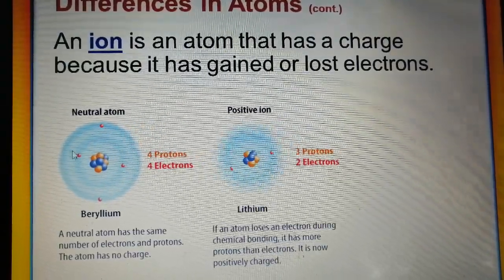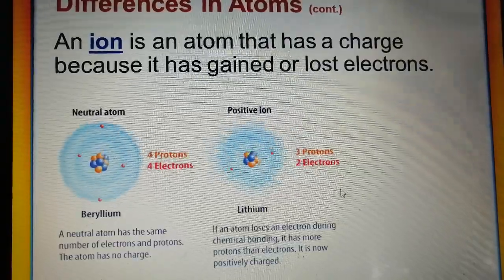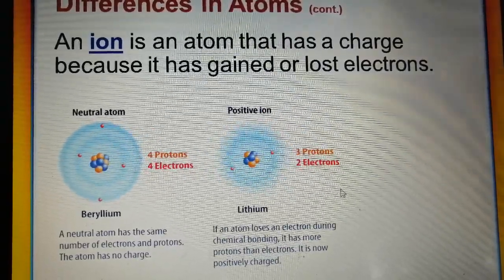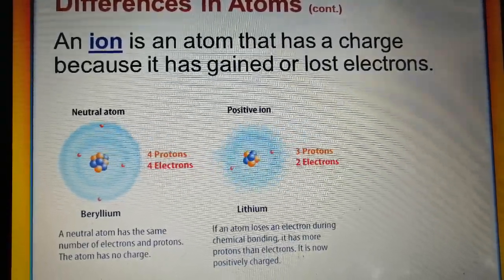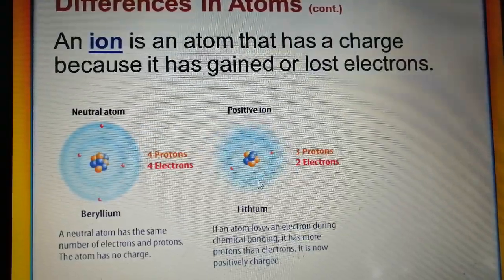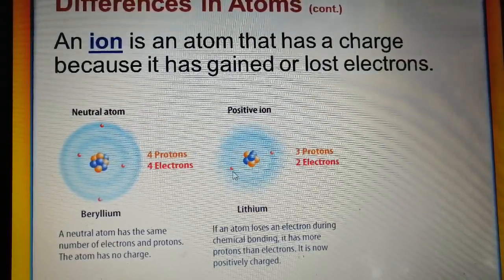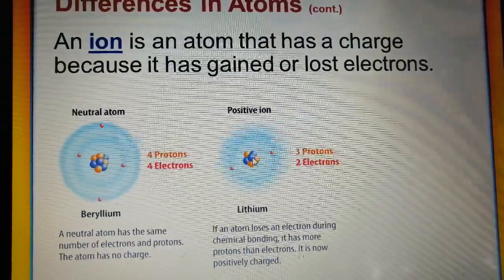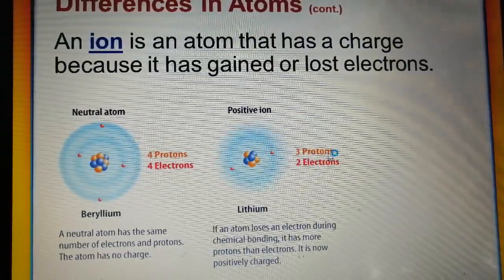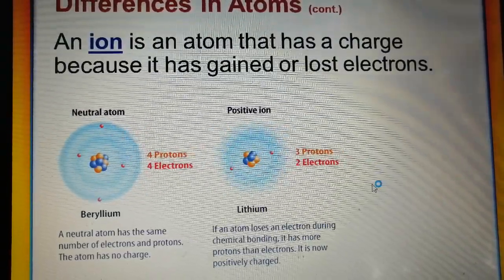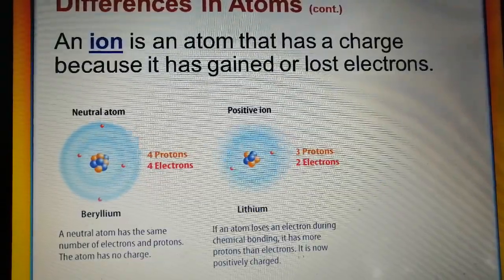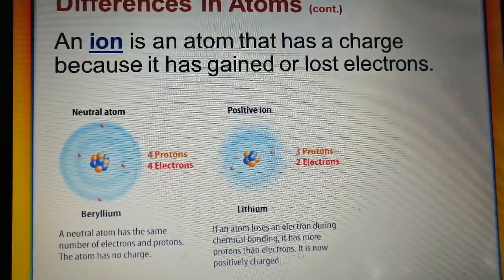But here, a positive ion, when the atom loses an electron during chemical bonding. Here we have 2 electrons, 2 negative charges, but inside the nucleus we have 3 protons. The number of positive charges is more than the number of negative charges.